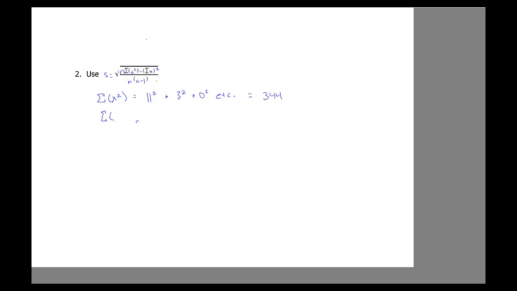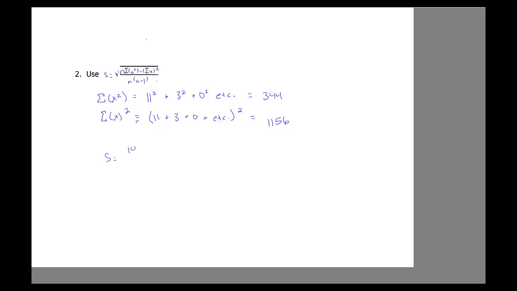Sum of x, and then square it, would be 11 plus 3 plus 0. And after you add them all together, then you square it, and for that one, we would get 1156.